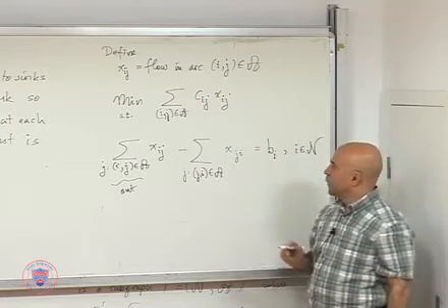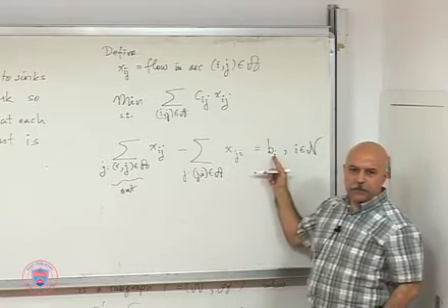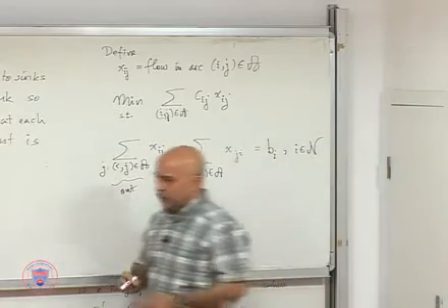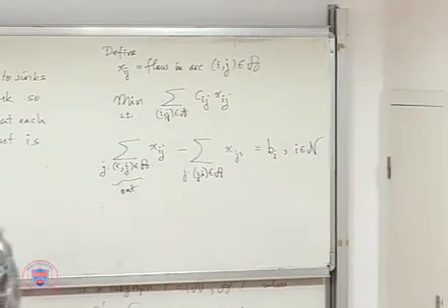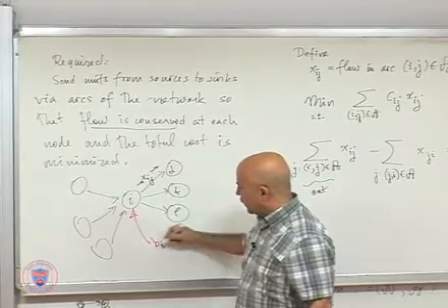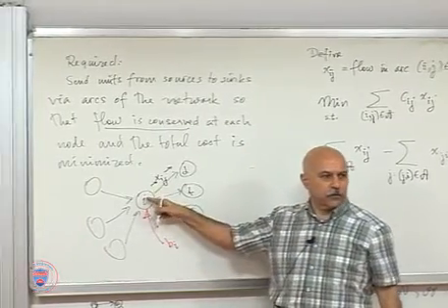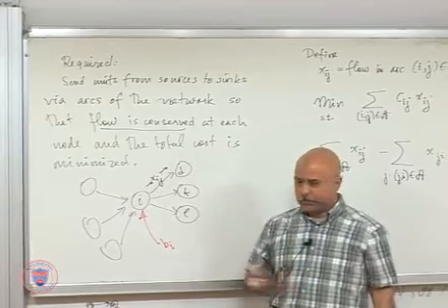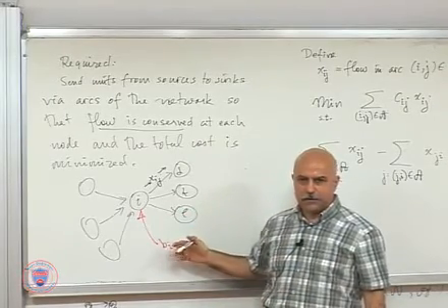If bi is a positive number, that means there's a supply at node i. So in that case, there's a supply of bi units coming into node i as an external inflow. You are supplying so many units.